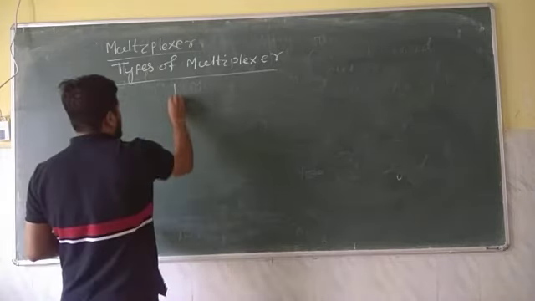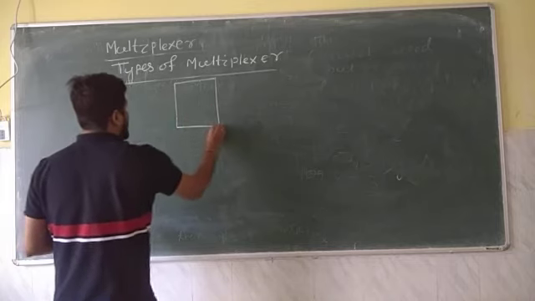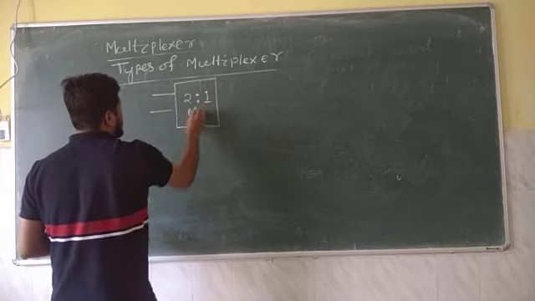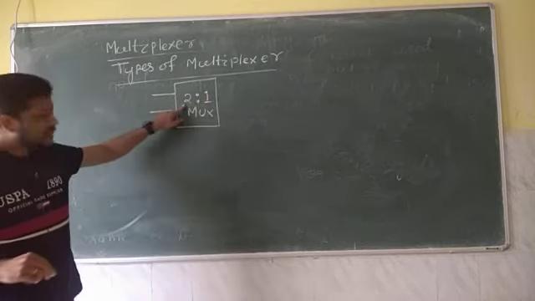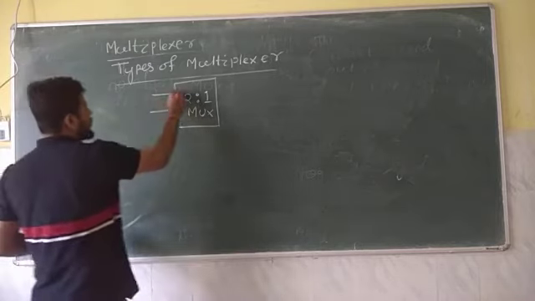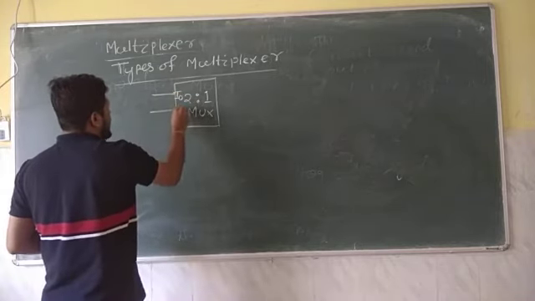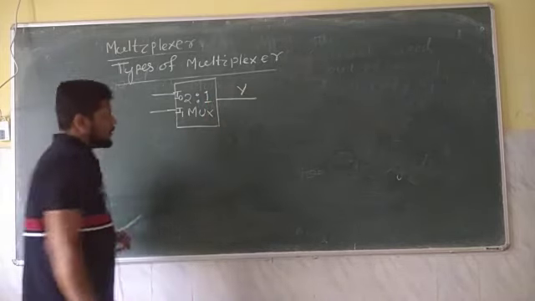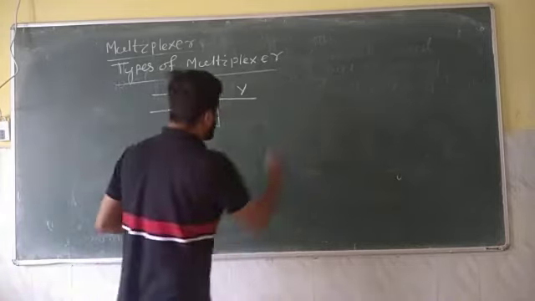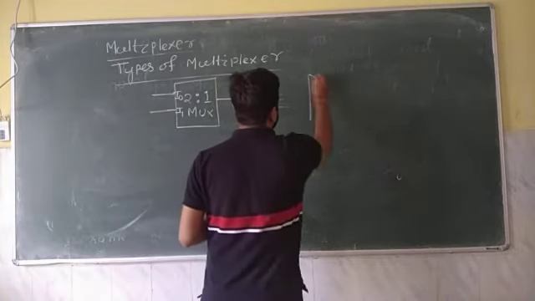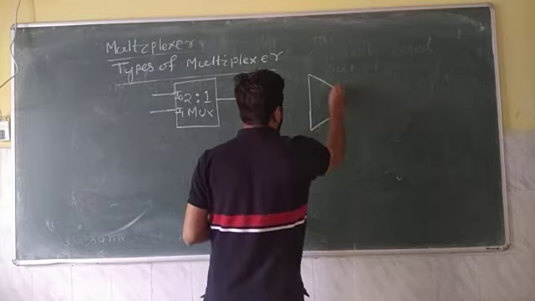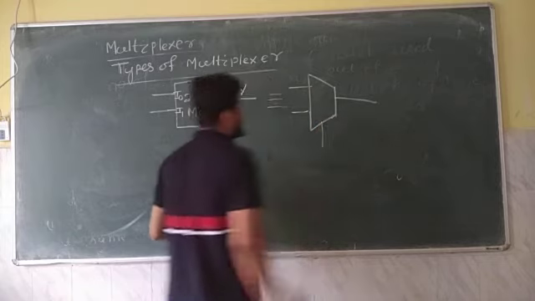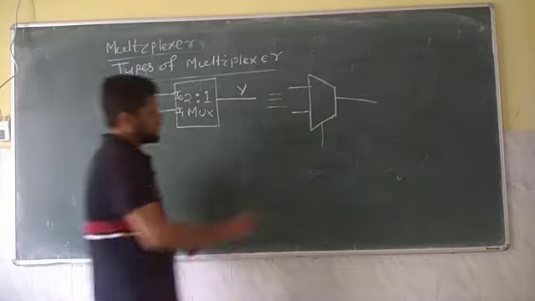Symbolically, for example, we have a 2:1 mux. 2 means 2 input lines, which I denote as I0 and I1, and 1 is the output line, which I denote as Y. Another symbol for this multiplexer is like this, which we will find practically. This is also a symbol for your multiplexer. This is a MUX.